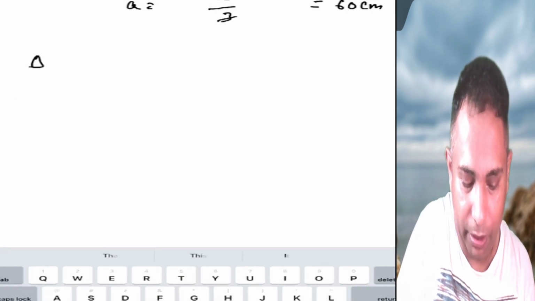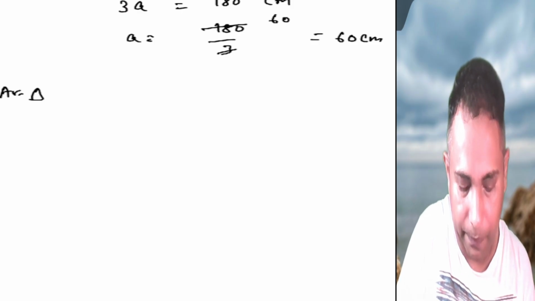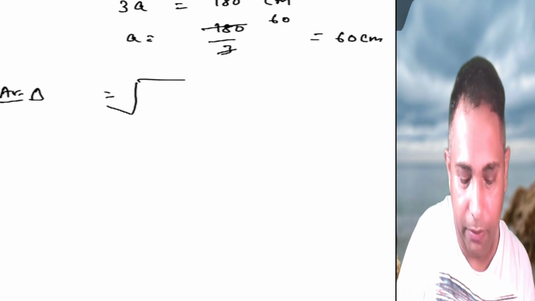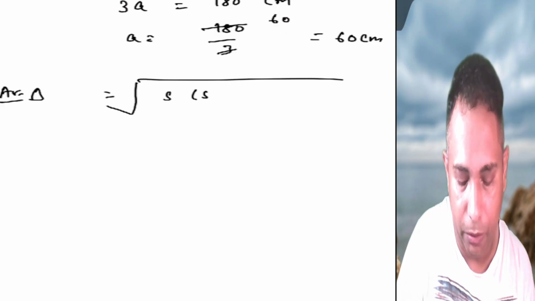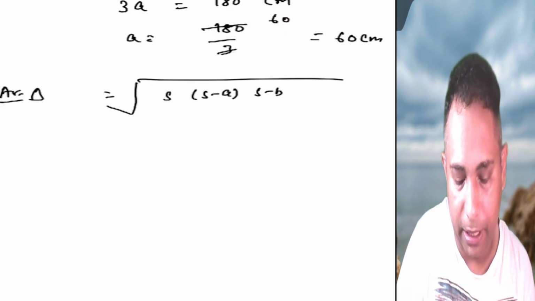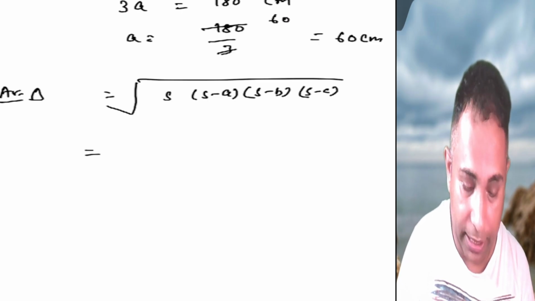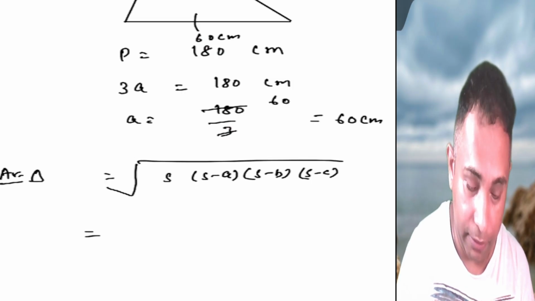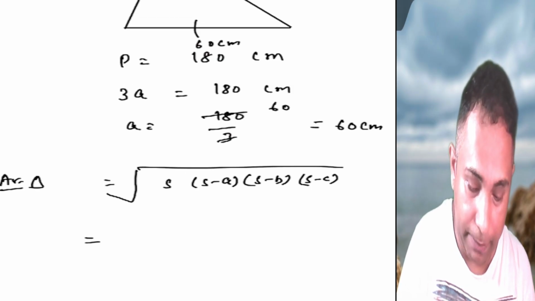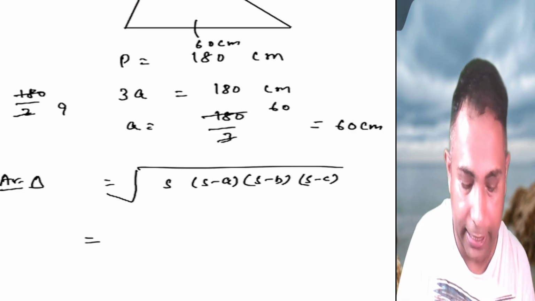What we will do, area of triangle, formula is root of S into S minus A, S minus B into S minus C. S we have not calculated yet, we will calculate. S is equal to A plus B plus C by 2, that is 180 by 2, we can write 90 centimeter.